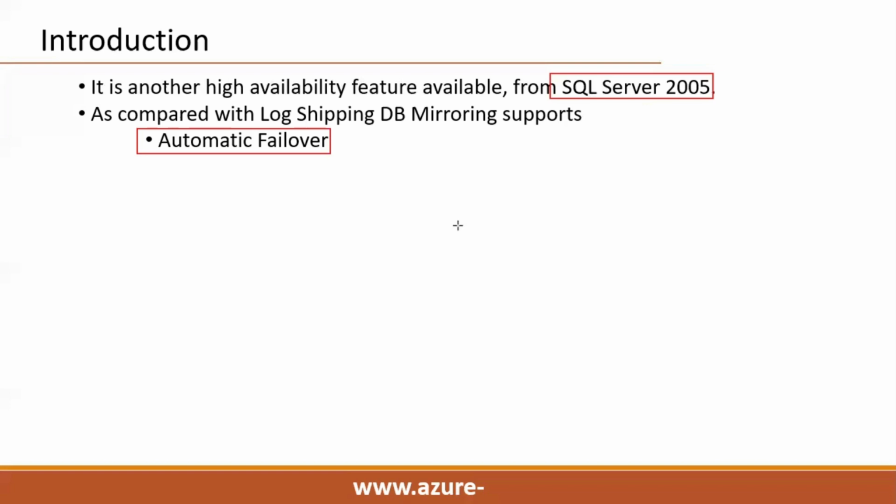Here we call them principal and mirror. Principal and mirror are just terminology, the same servers actually. Automatic failover means whenever principal is down, mirror becomes principal automatically. That is called automatic failover.